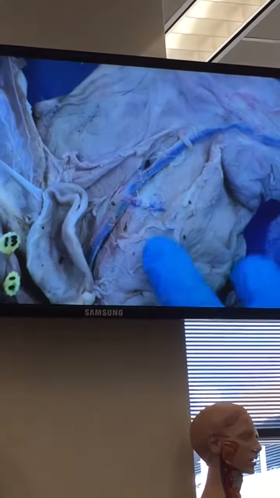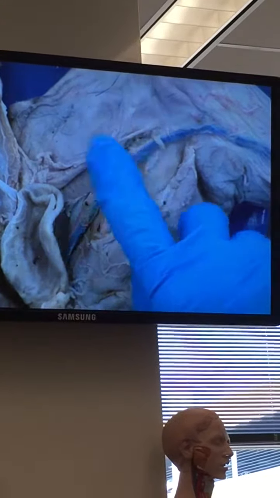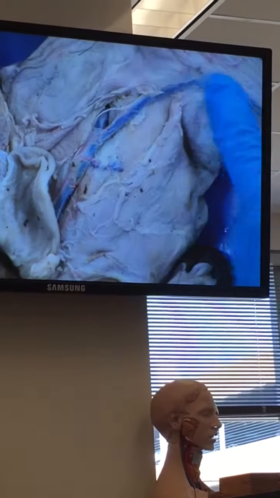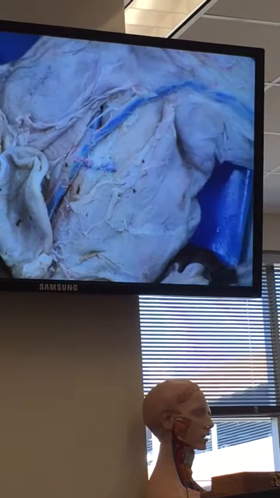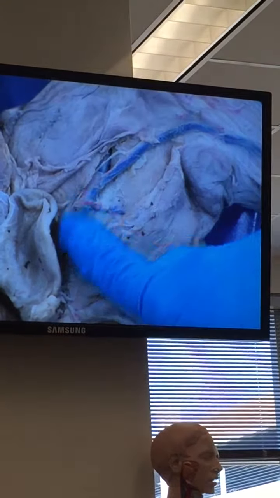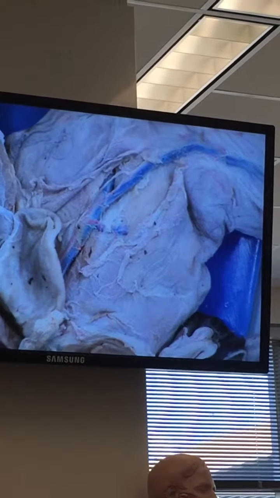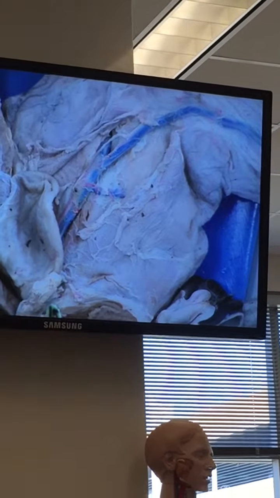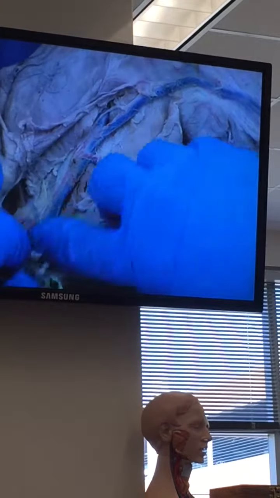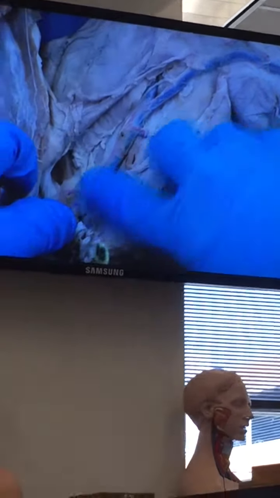But then where it branches, and some of it goes deep, some of it goes out along, this is the greater saphenous. That's going to go all the way down to the lower leg. So this is going to be femoral. Right before it, this is going to be external iliac before that.